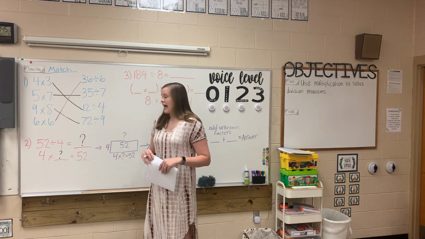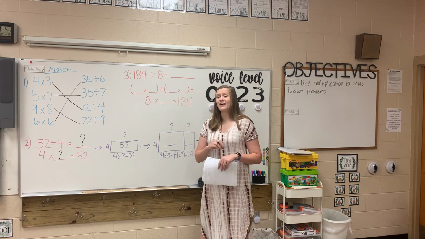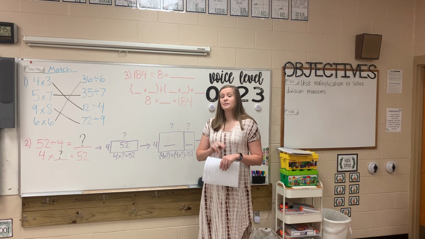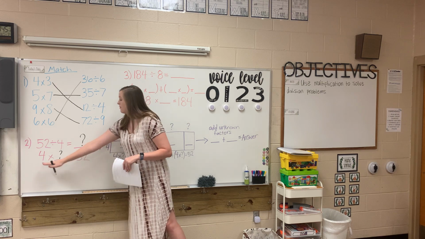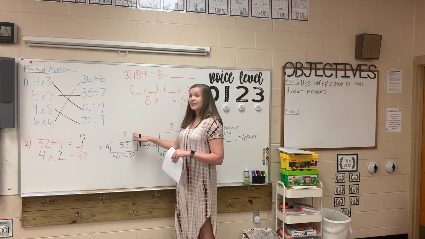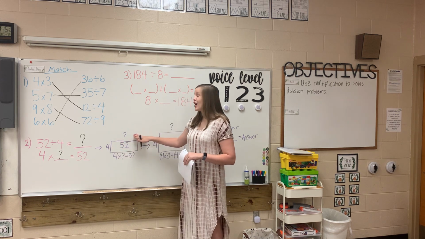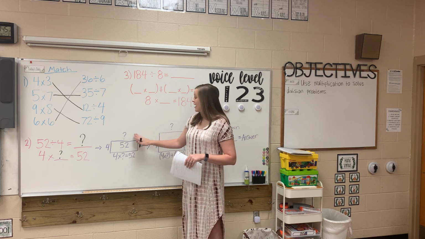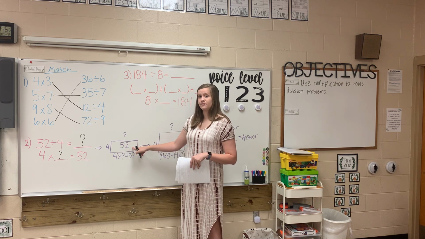So in order to solve that, we have a rectangle set up, and if you remember, you find the area of a rectangle by multiplying the length times the width. And we have a multiplication problem of 4 times an unknown, right? So our rectangle is set up as 4 as one side, an unknown as the other, but we know that 4 times that unknown is going to equal 52.